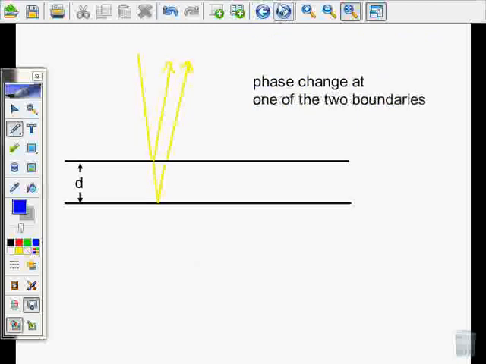Let's say the light coming down, right here, when it reflects, goes through a phase change. So I'm going to say here PC, where PC stands for phase change.